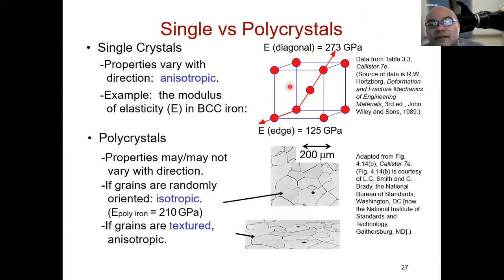What is the difference then between single and polycrystals? In single crystals, usually the properties will vary with direction, because within a single crystal we have different orientations or directions depending on the crystal structure. For example, in FCC, along the 111 direction, the cube diagonal, the atoms are touching each other.